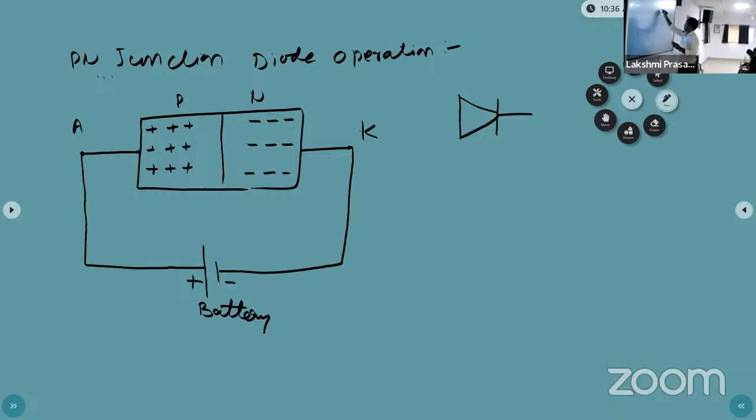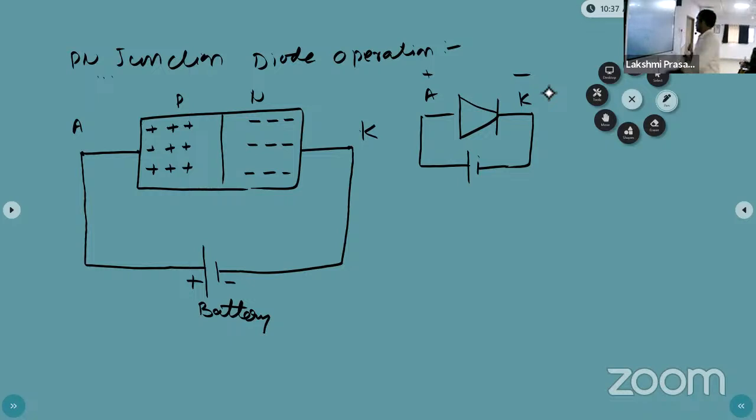Using the symbol, this is the anode and cathode. We abbreviate cathode as K, so don't get confused. The anode is the same, ANODE, right? So anode is represented as A and the cathode is K. This is the negative and this is the positive of the diode.